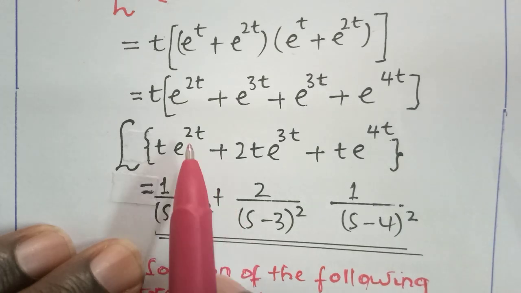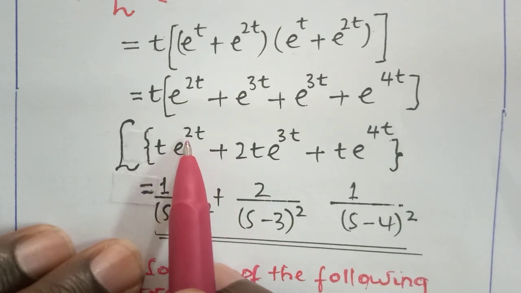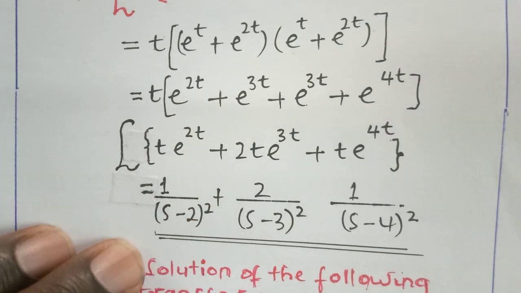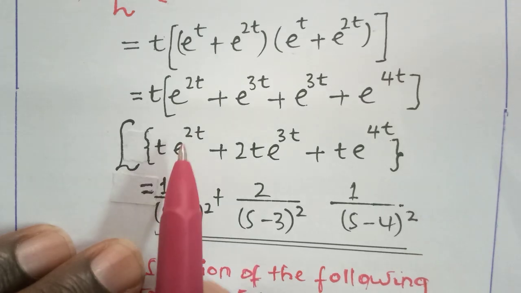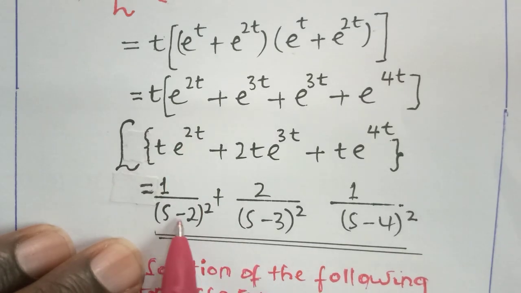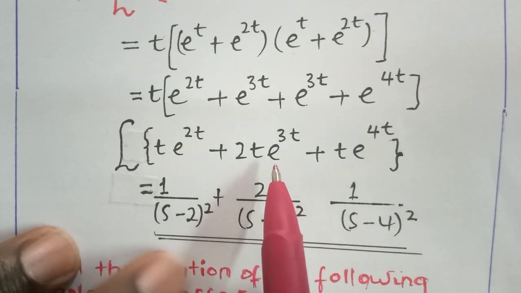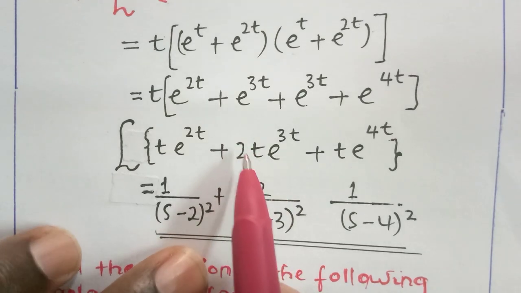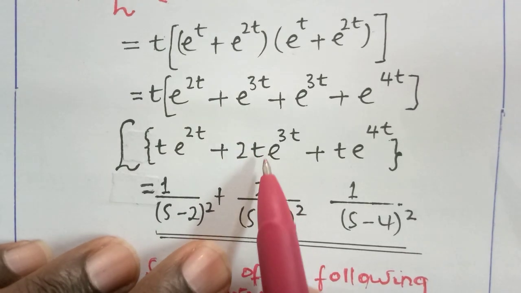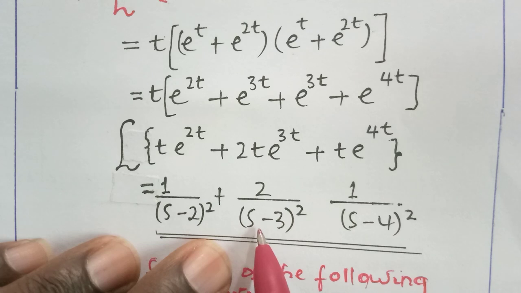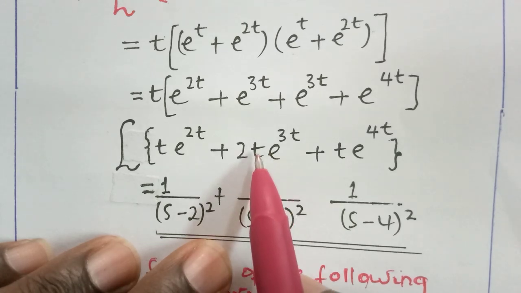So we accommodate these by use of the first shift theorem, whereby if the 2 is positive, this is going to be negative. We come to this other one. First of all, we can write the constant, and then 1 over s squared, because this t is the same as 1 over s squared.